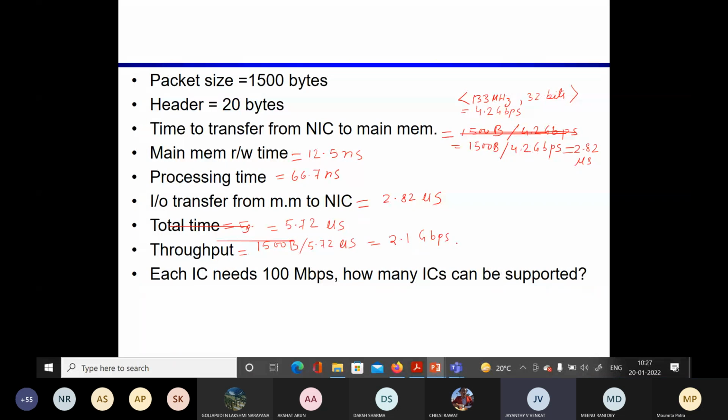21. Everybody is getting 21? Yes. Okay. Shall I move forward then? Ma'am, why were we considering the main memory read time twice for the IP header?